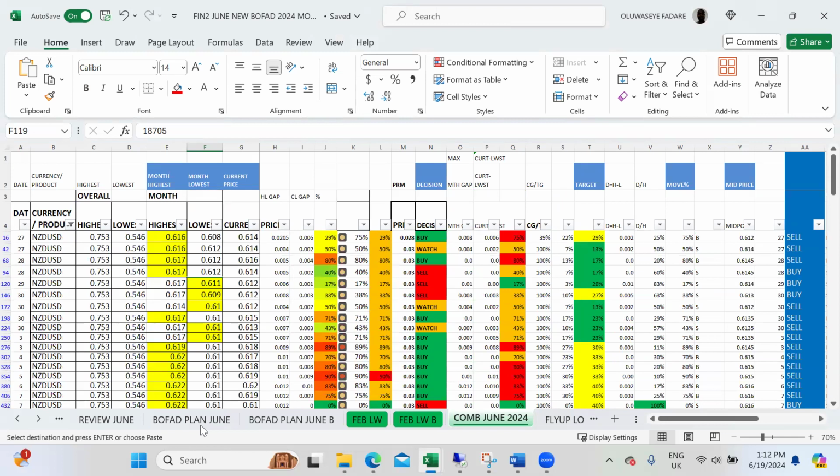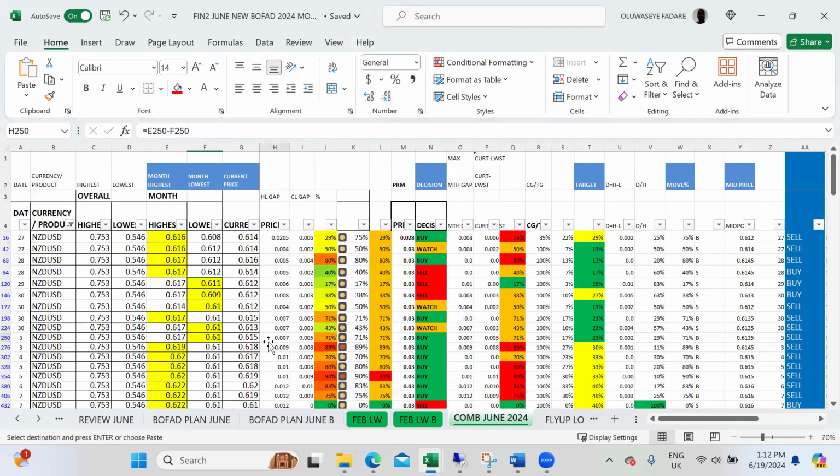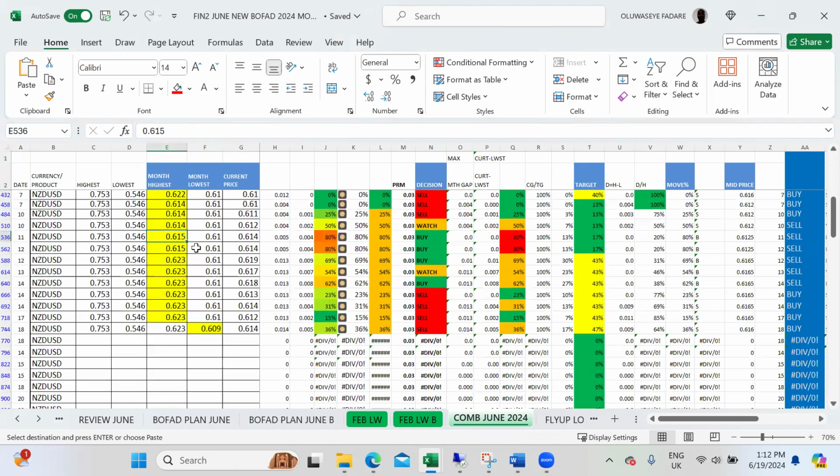Once you identify New Zealand USD, we now use it to trace the prices. From the report, you can see this is the high price and the low price. Look at the dates that each one of them materialized.